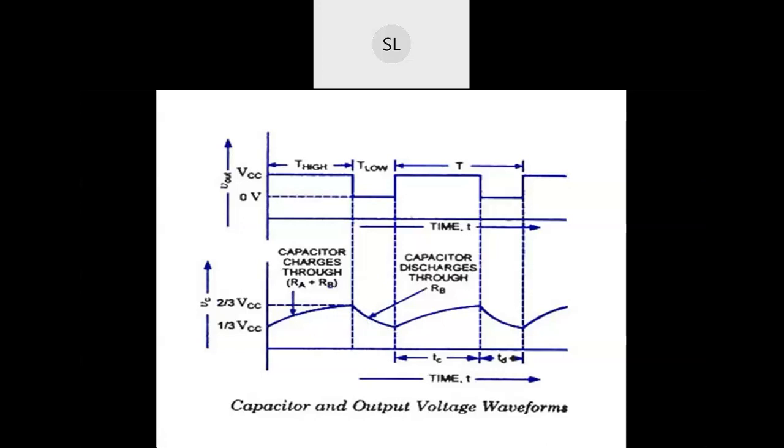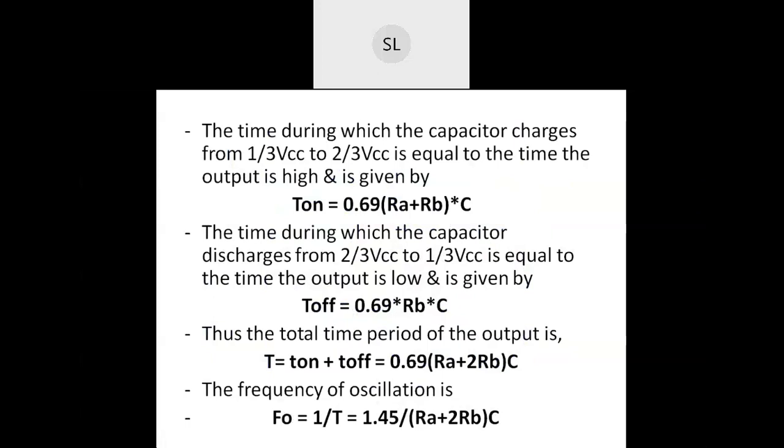Okay. Now, the time during which the capacitor charges from one third VCC to two third VCC is the time for which the output of the circuit remains high and is given as T on is equal to 0.69 into (RA plus RB) into C. Now, once the capacitor charges to two third VCC, it will start discharging and the output will be switched to low.